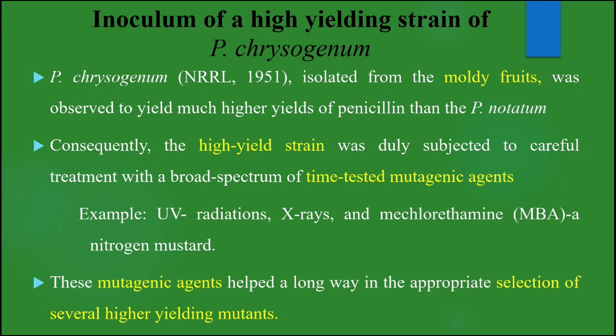Consequently, the high yield strain was subjected to careful treatment with a broad spectrum of time-tested mutagenic agents, for example UV radiation, X rays, and mechlorethamine, a nitrogen mustard. These mutagenic agents helped a long way in the selection of several higher yielding mutants.